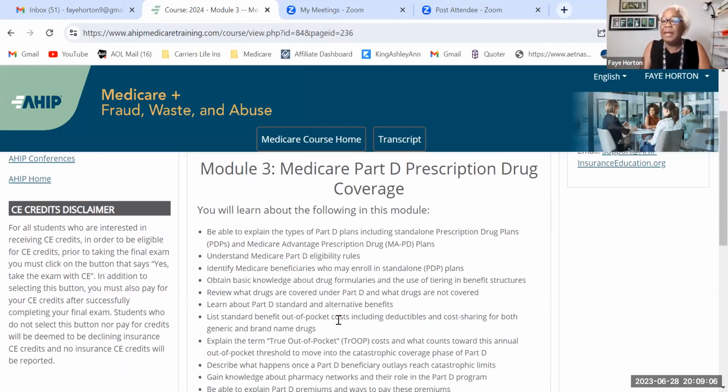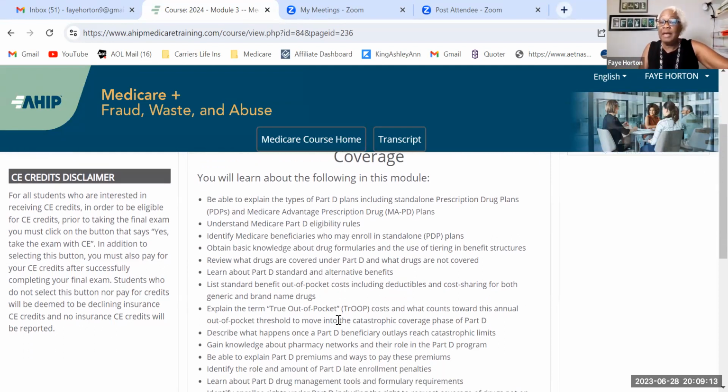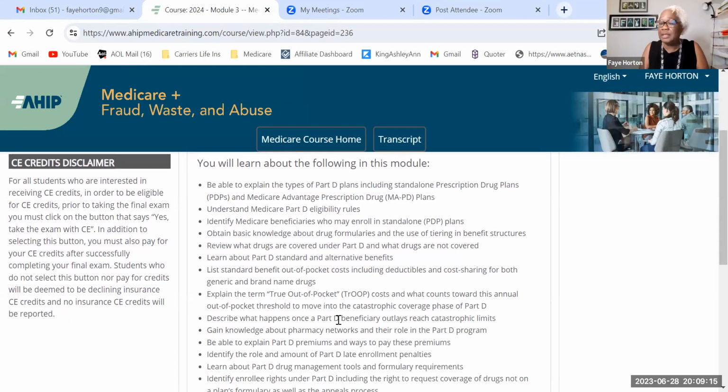Module 3 is about Medicare Part D prescription drug coverage. You're going to learn how to explain the types of Part D plans, including standalone prescription drug plans. You're going to learn how to explain the prescription drug piece that's in the Medicare Advantage plan.